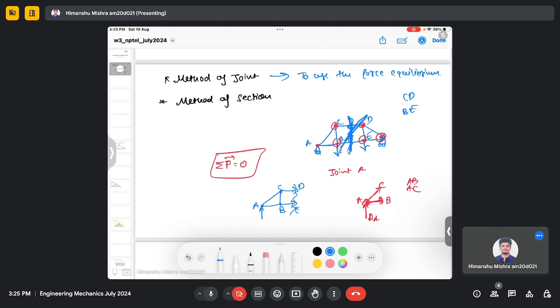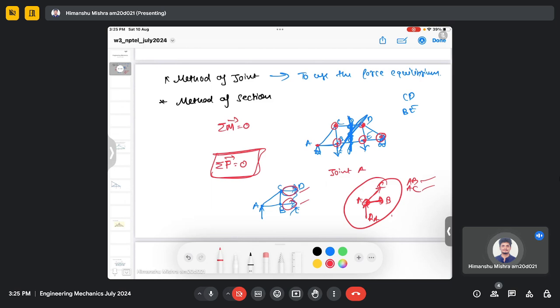Now you can see that these two are the unknown forces, CD and BE. These are the unknown forces, and they are not concurrent to each other. Unlike in the method of joints, where forces AB and AC are concurrent, and therefore you just need the force equilibrium equation, here these unknown forces are not concurrent in nature, and therefore you need an additional equation: that the summation of moments at some random point should be equal to 0.